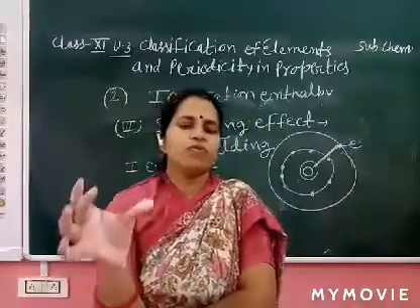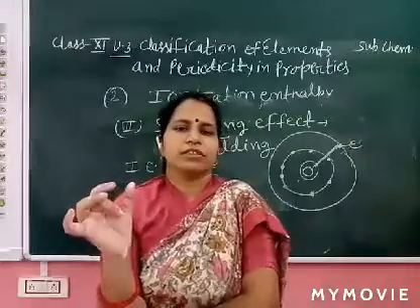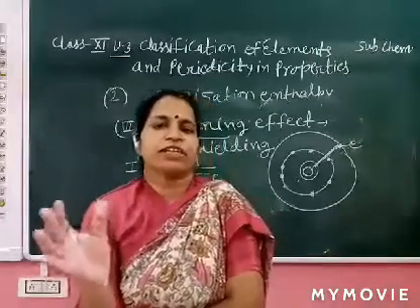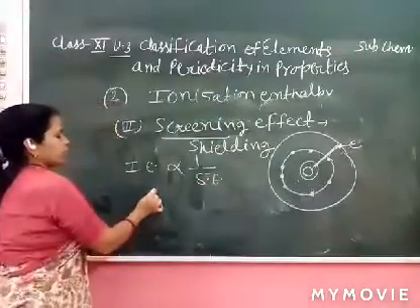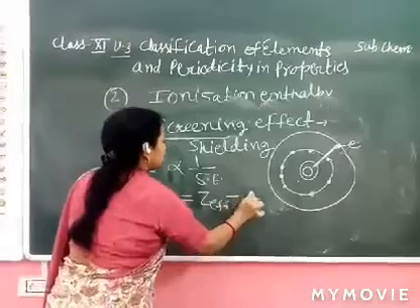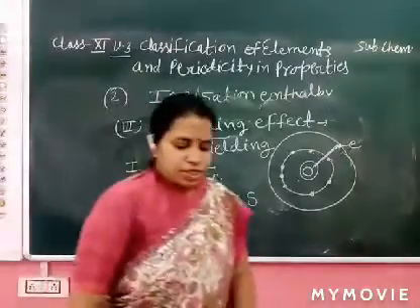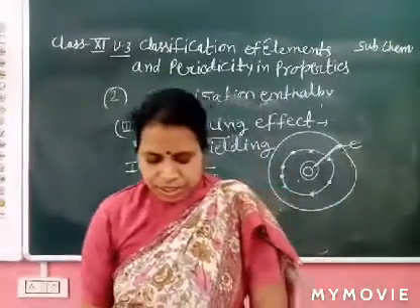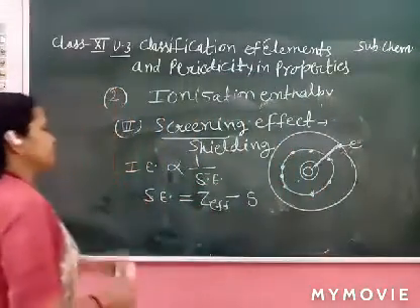The outermost electron felt the nuclear charge, felt the nucleus attraction, by the presence of inner electrons, is called the screening effect. The formula is Z effective equals Z minus S, where S is sigma, the screening constant. As the screening effect increases, the ionization enthalpy decreases.